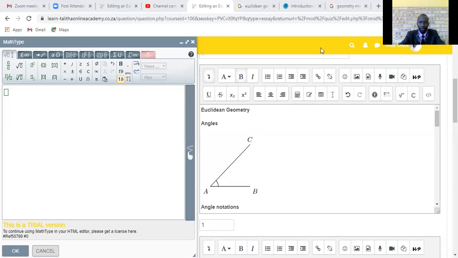Euclidean geometry. Well, now this is a new topic that we are going to be discussing. It's called Euclidean geometry. And before we look at Euclidean geometry, what is it that we want to know about geometry? In other words, what is geometry? Well, geometry is a branch of mathematics which is concerned with the properties and relations of points, lines, surfaces, and solids.